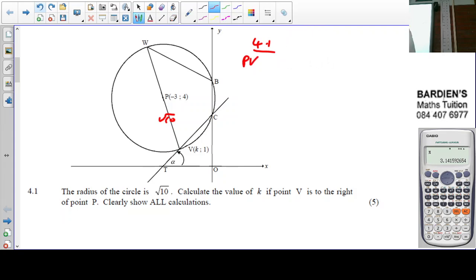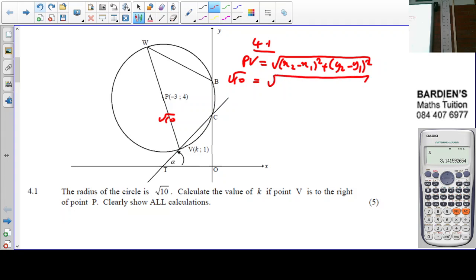PV is equal to the square root of (x2 minus x1) squared plus (y2 minus y1) squared. So root 10 is equal to the square root of (negative 3 minus k) squared plus (4 minus 1) squared.